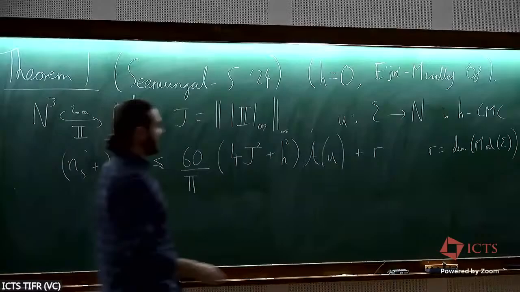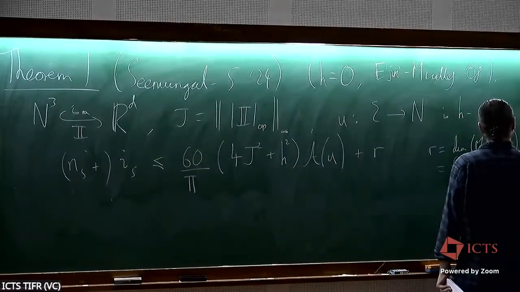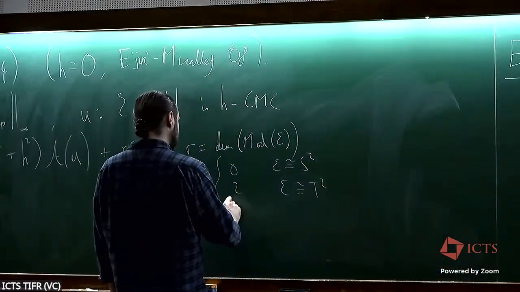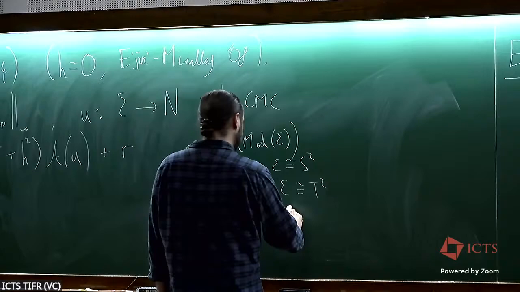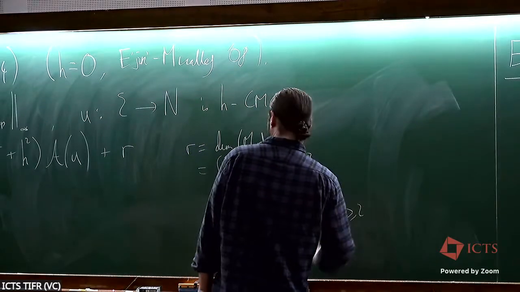So 0 when Sigma is topologically a sphere, 2 when it's topologically a torus, and 6 gamma minus 6 when the genus of Sigma is gamma, which is bigger than or equal to 2.